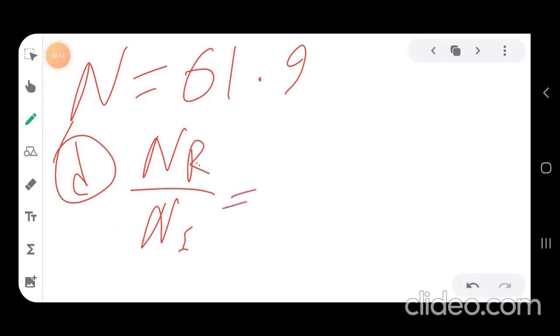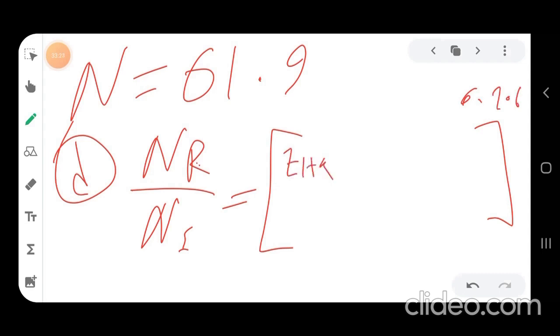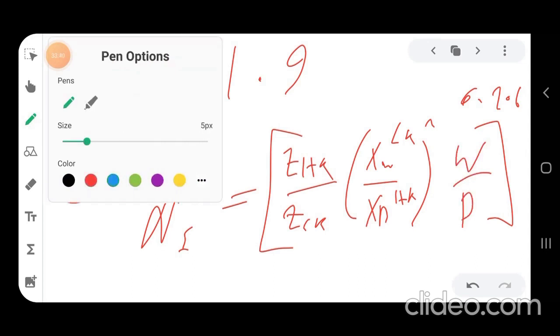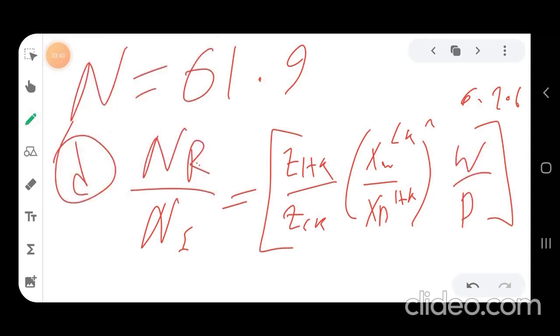It is a big bracket to the power 0.206, with Z of the heavy key over Z of the light key, XW of the light key over XD of the heavy key, to the power 2, then W over D. We did the material balance before anything else to get this W, so we already have W as 33.67 and D as 66.33.